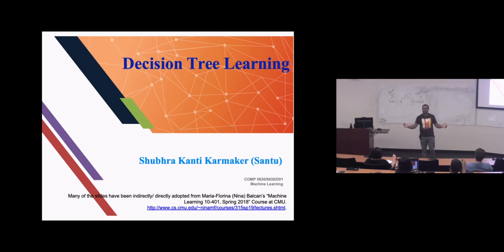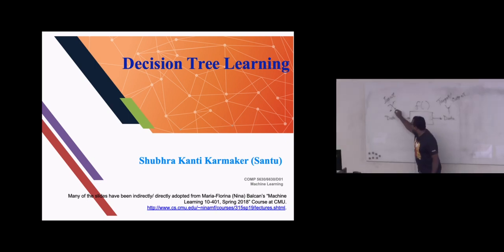We call them attributes or features, and try to make a decision about y. So we assume that y is generated from x by traversing a tree that makes a decision by looking at the attributes of x. That is the assumption we are making. Okay?